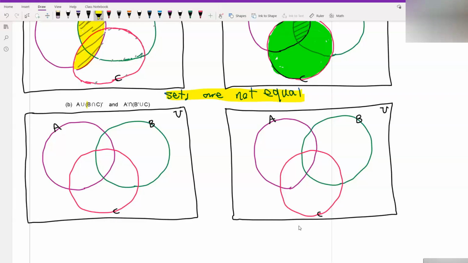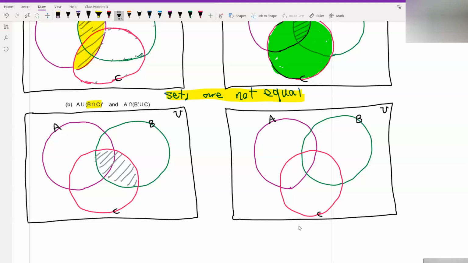Now starting with this part, complement of B intersection C. So ignore the circle that we have for A. Focus on what I have for B and C only. Finding the intersection between green and red. So that is the intersection part. But it's asking for complement, so it is not what we have in between.